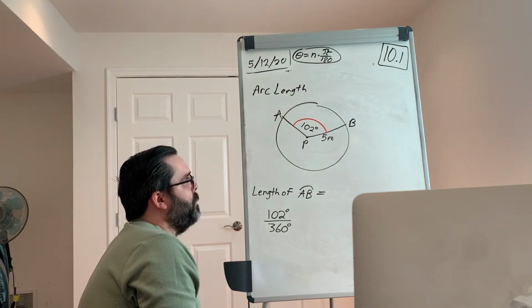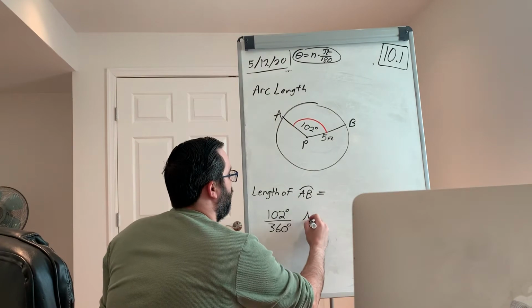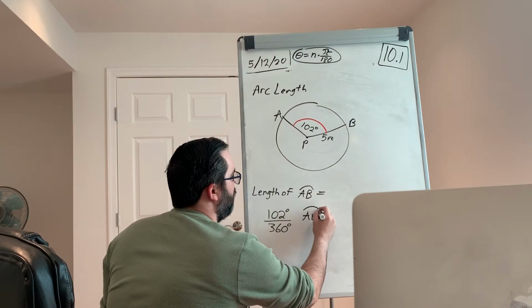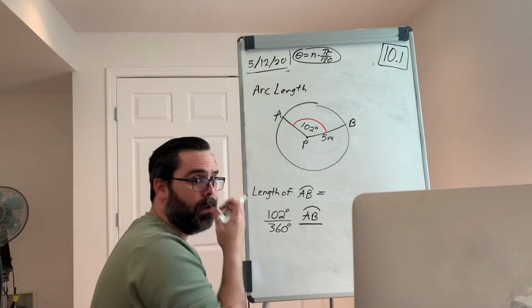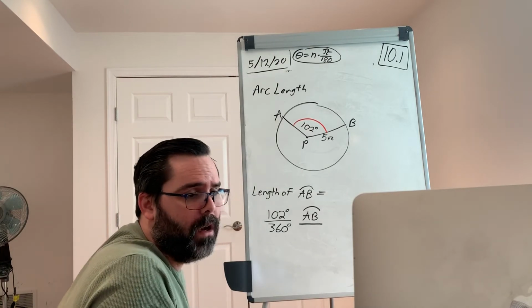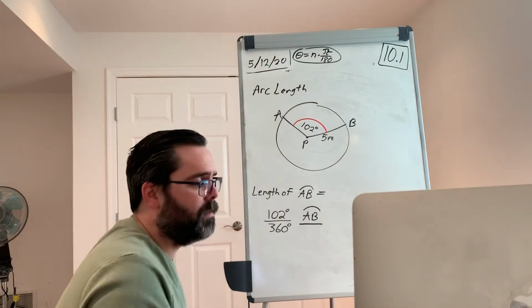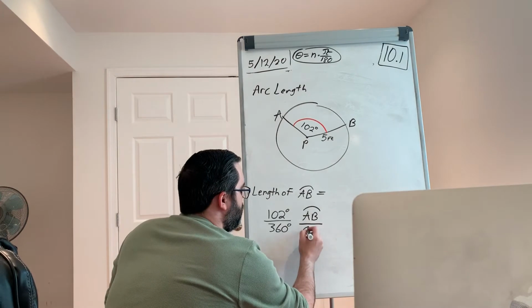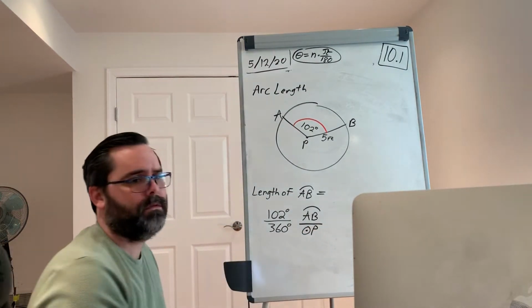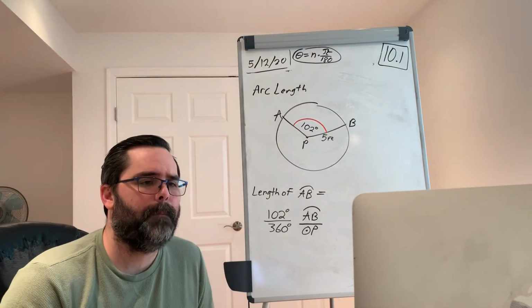We also know that AB is part of what total? Circle P, right? Yeah. Okay.